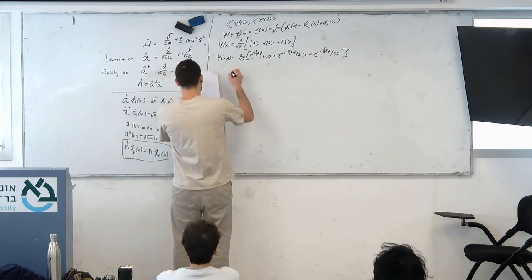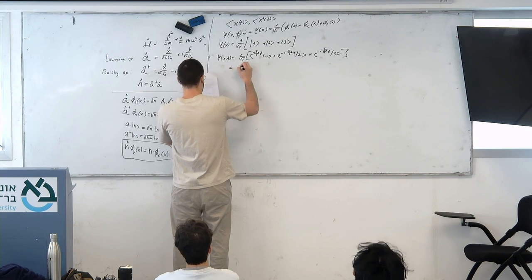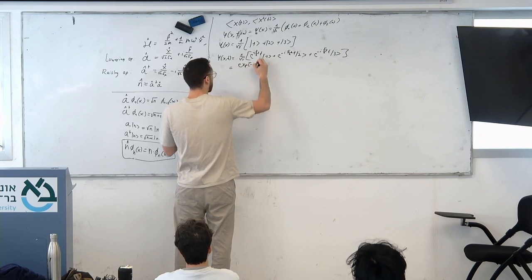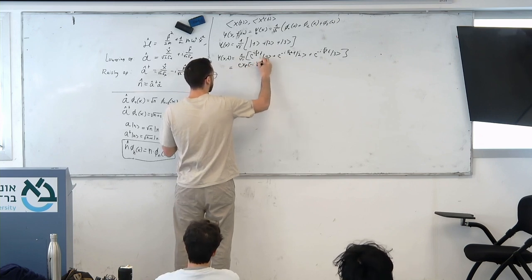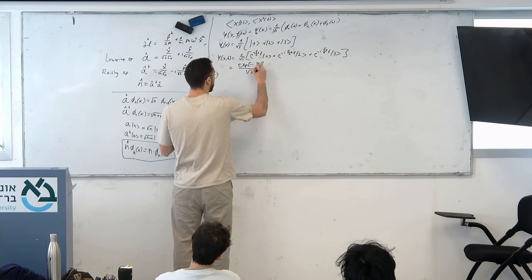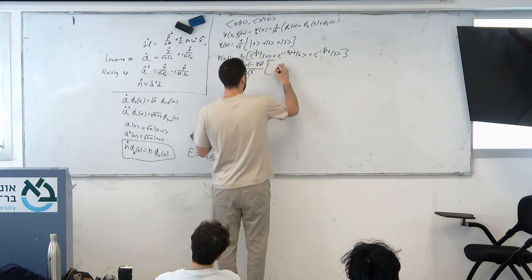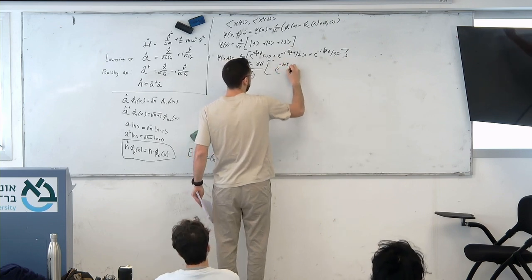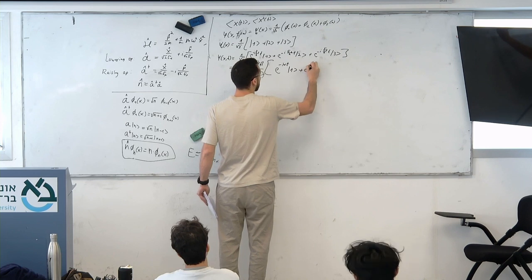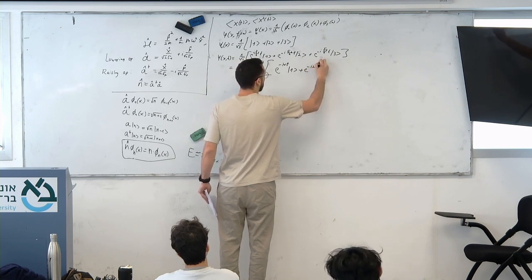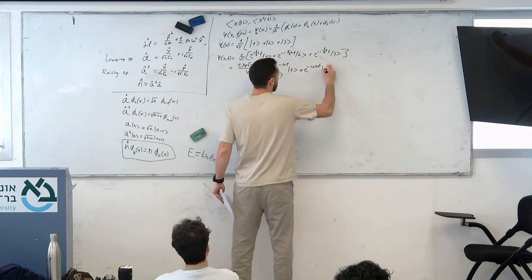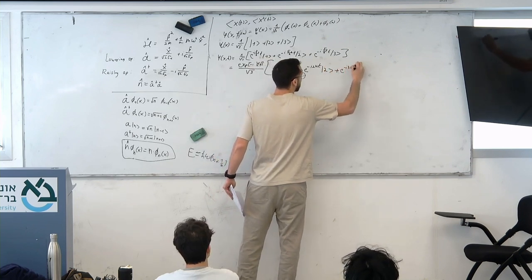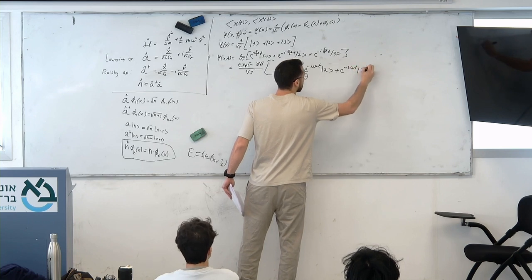Meaning I can write it as e to the minus i omega over 2 t times 1 over square root of 3 times e to the minus i omega t 1 plus e to the minus i 2 omega t 2 plus e to the minus i 3 omega t 3, and that's it.